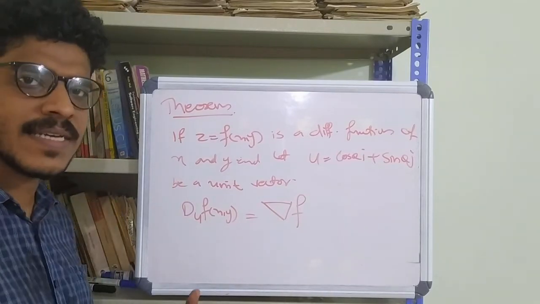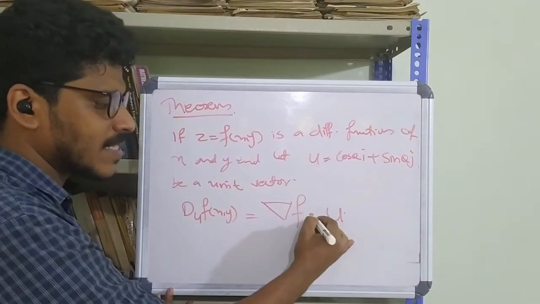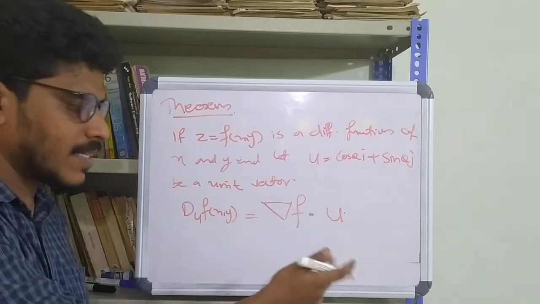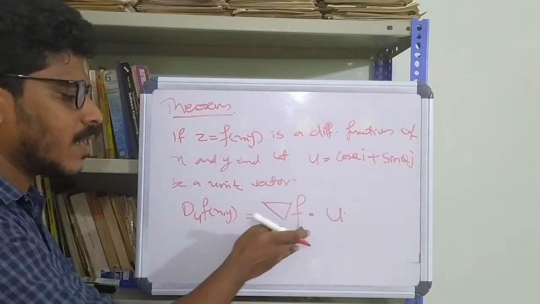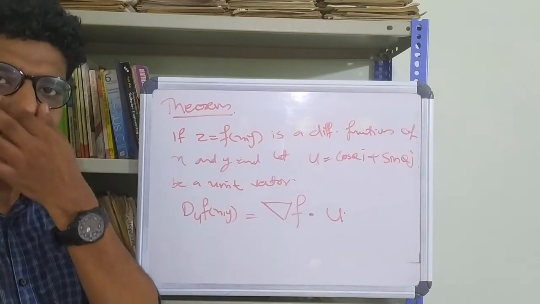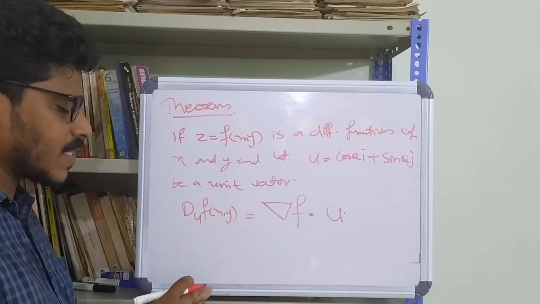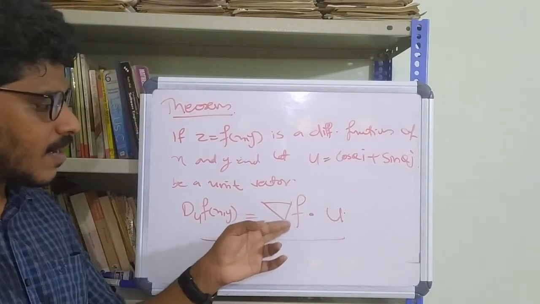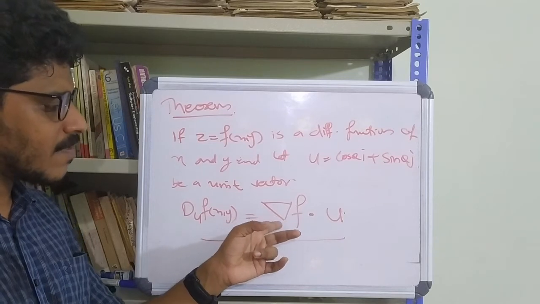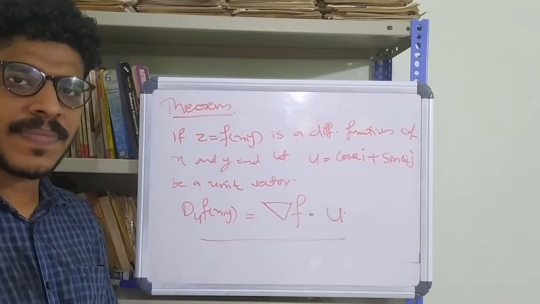Grad f just means gradient of f. So grad f dot u, and this is the usual dot product of vectors. Grad f is a vector function, and u is again a vector, so we know how to take the dot product of two vectors. So instead of using the limit expression, we can simply use this formula to find the directional derivative of a function in a specific direction.